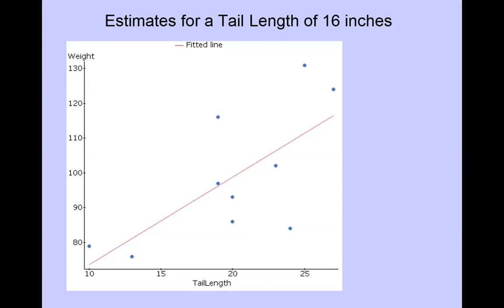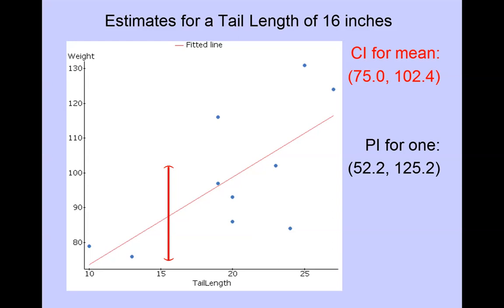Consider visually what is going on with our intervals. The CI for the mean was 75 to 102.4. It's estimating the mean when the tail length is 16. That would be this interval that stretches from the lower weight of 75 up to the upper weight limit of 102.4, and that would be the mean for all wolves with 16-inch long tails.